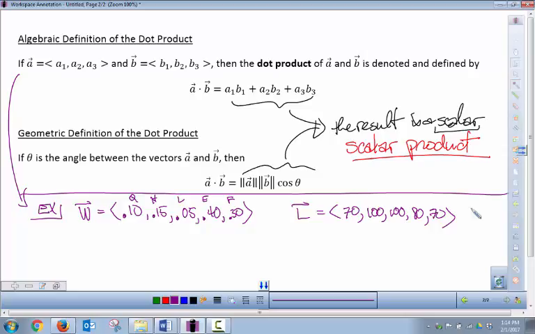So, if I'm interested in finding out Lorenzo's final score, I would dot these two vectors. So, W dotted L, and then now I just do the computation. So I'll write this out. I don't know why it's so long.